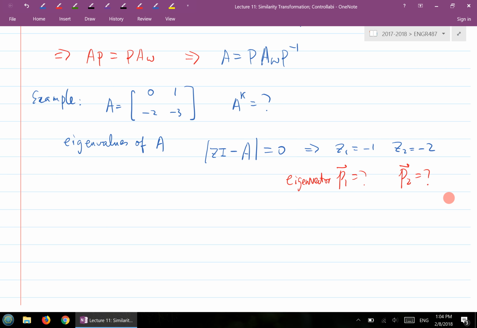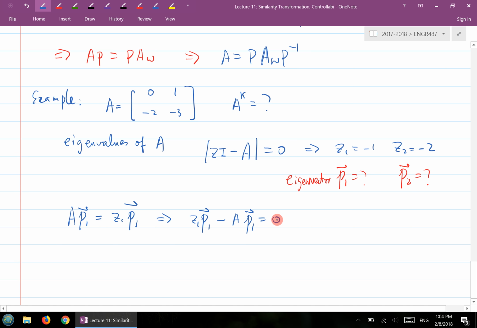To find the eigenvalue and eigenvector, let's start with Z1 first. You start with the formula A times P1 equal to Z1 times P1. This is essentially the same as Z1 P1 minus A P1 equal to 0, moving everything to one side.